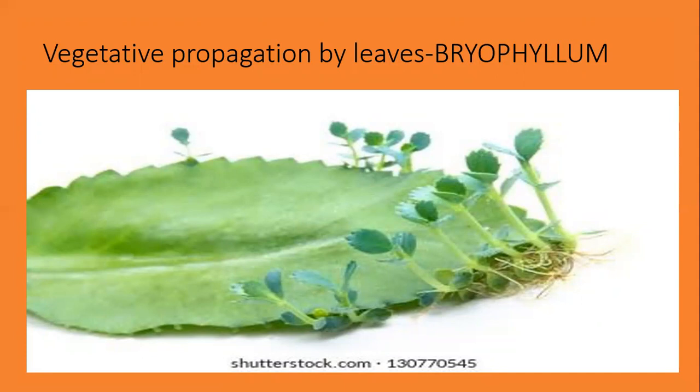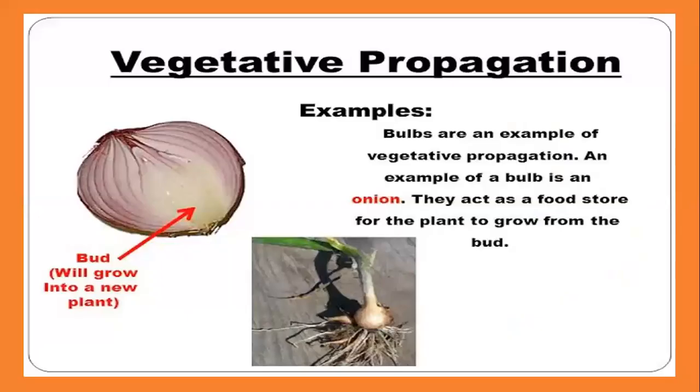On separation from the leaf, these plantlets grow as independent plants. The fleshy leaves of bryophyllum provide food and water to the developing plantlets. Bulbs are also used for vegetative propagation. They act as food storage for the plant to grow from the bud.